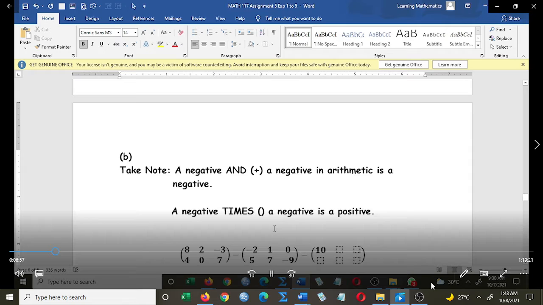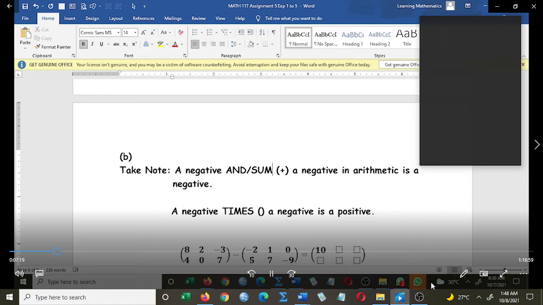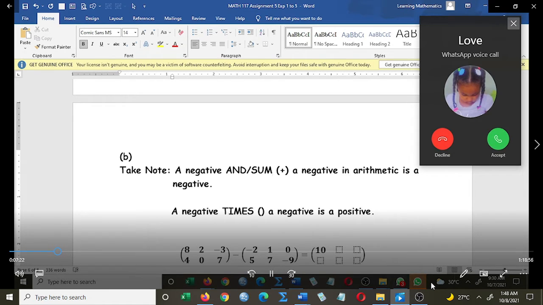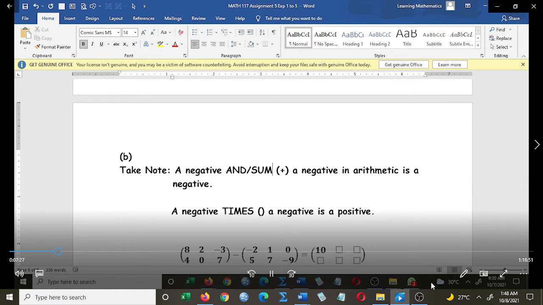And what's the symbol for times? Anybody? Times is multiply. Sum is to add. Value is to find value. So "and," "add," and "sum" are synonymous.